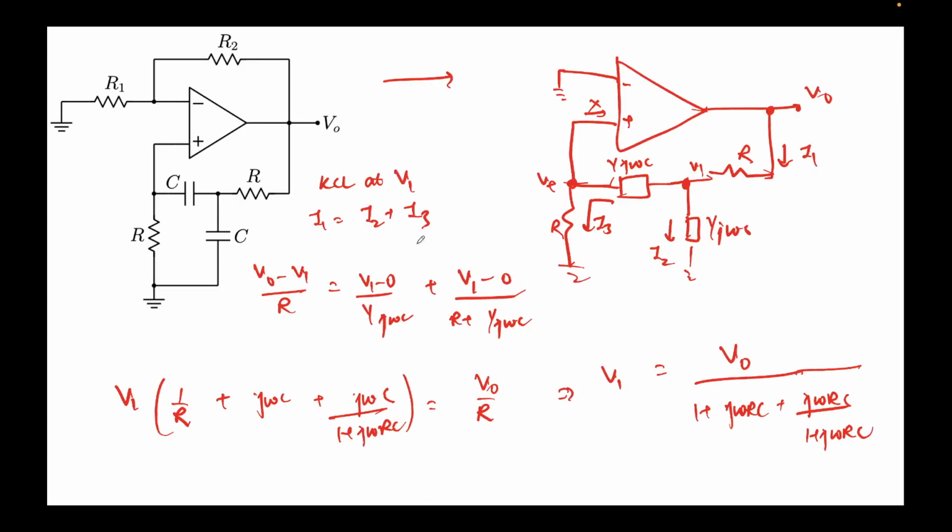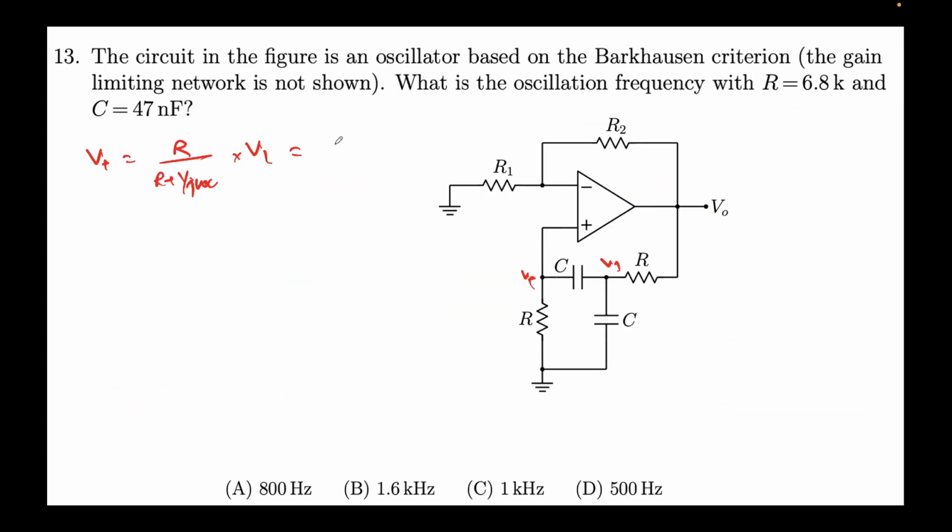So if we do that, V1, the expression is this. It will be V naught R, and you take j omega c as LCM, it will be like this, times 1 plus j omega RC times 1 plus j omega RC plus j omega RC over 1 plus j omega RC.